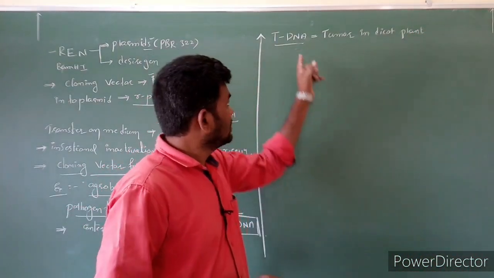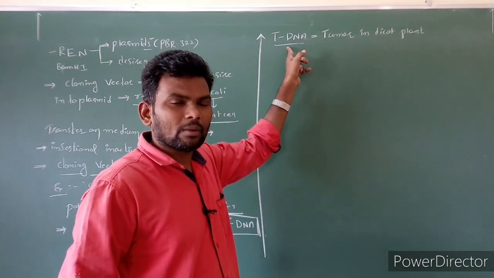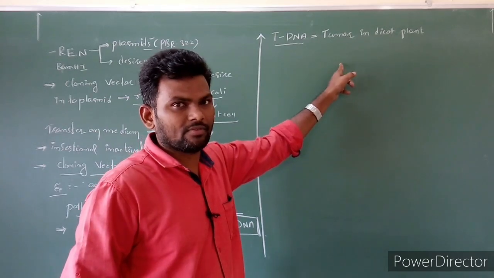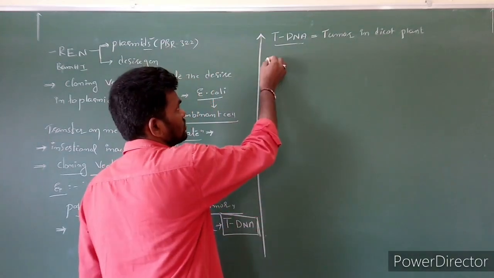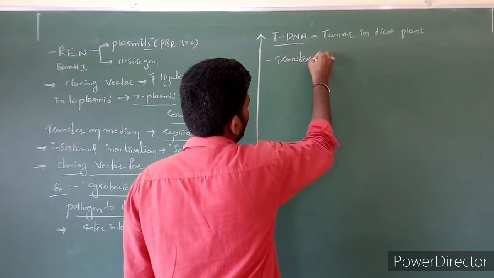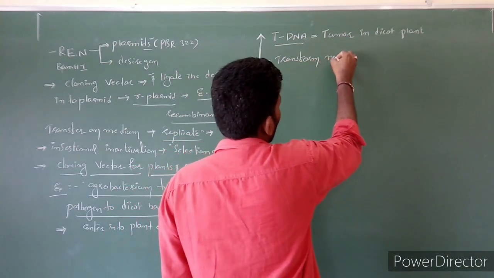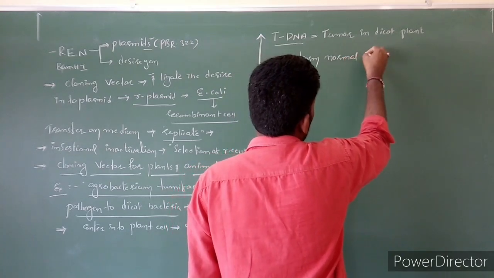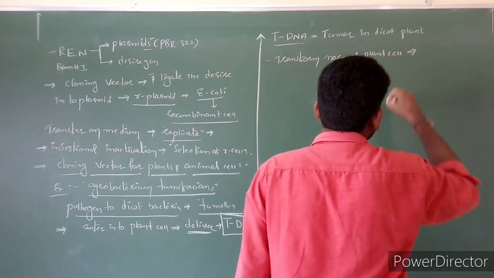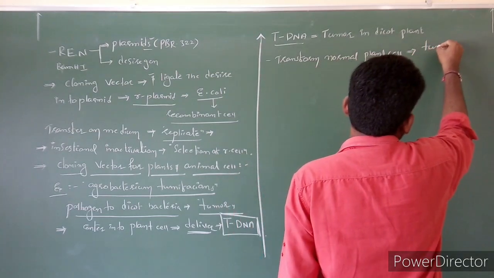Next, this tDNA has the capacity to transform normal plant cells into tumor cells.